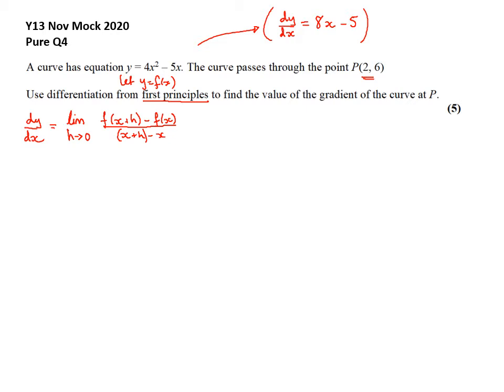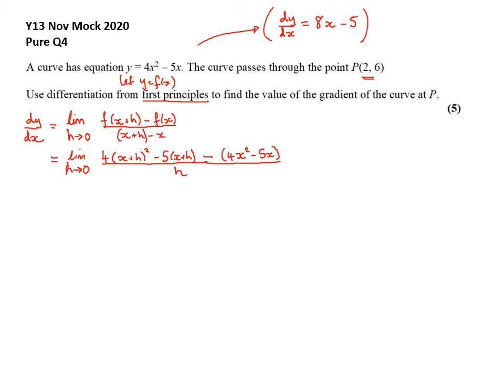So let y equal f of x, and by definition the derivative gradient function is the limit as h tends to 0 of the change in y over the change in x. And we're taking our changing coordinate to be h away from x, a little bit away from x. So we start with that definition, keep this limit as h tends to 0 in the whole time until you are going to take the limits, and then we're going to write our function in.